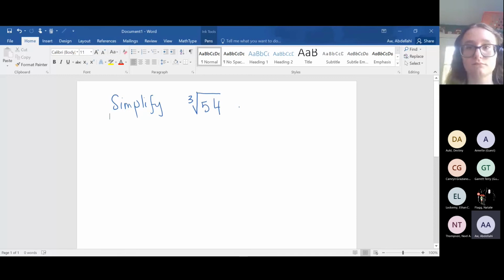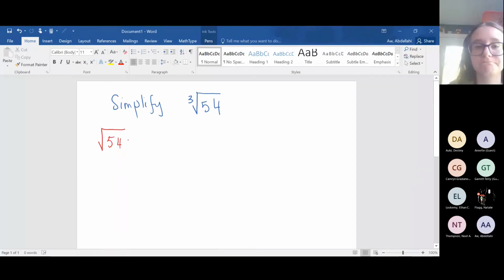Okay. So what we did practice is how to simplify the square root of a number. So everybody remembers what you have to do. You have to break down that number into a perfect square and then another number. So for instance, if this was the square root of 54, and we want to simplify it, how would we break down 54?